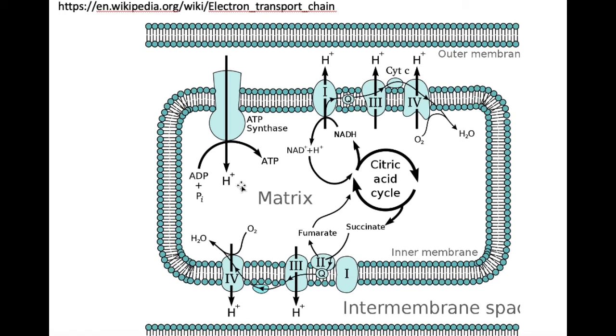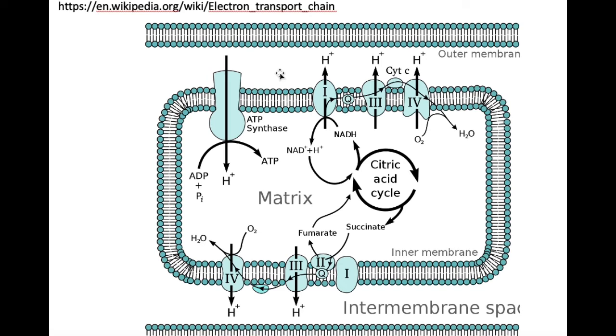So the way it goes is complex 1, electrons received, proton pumped, ubiquinone, also known as Q. Then you go here to complex 3 because complex 2 is another story. We'll talk about it in a second. Complex 3 pumps a proton, and then you go to cytochrome C, which carries the electrons to complex 4, also known as cytochrome C oxidase. Then you pump a proton, then the electrons are given to oxygen to make water, and you've generated a electrochemical gradient.